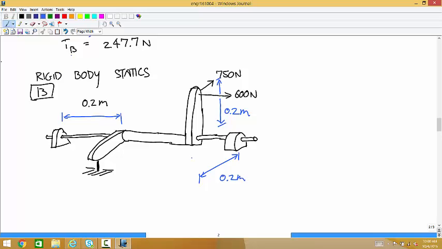And then between here and here is 0.2 meters, and between here and here is 250 millimeters, 0.25 meters.